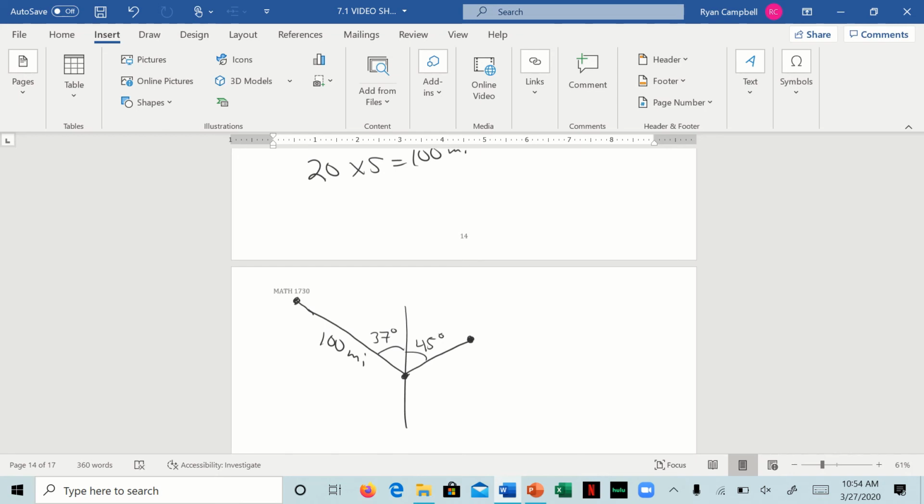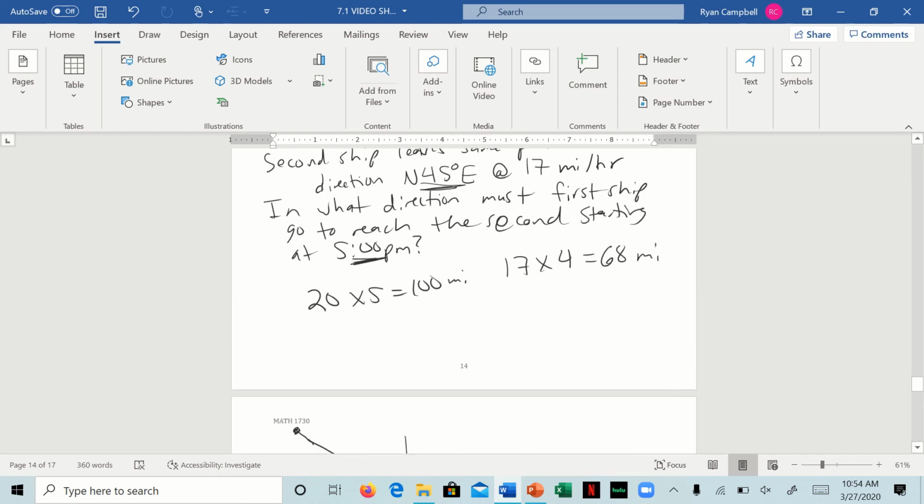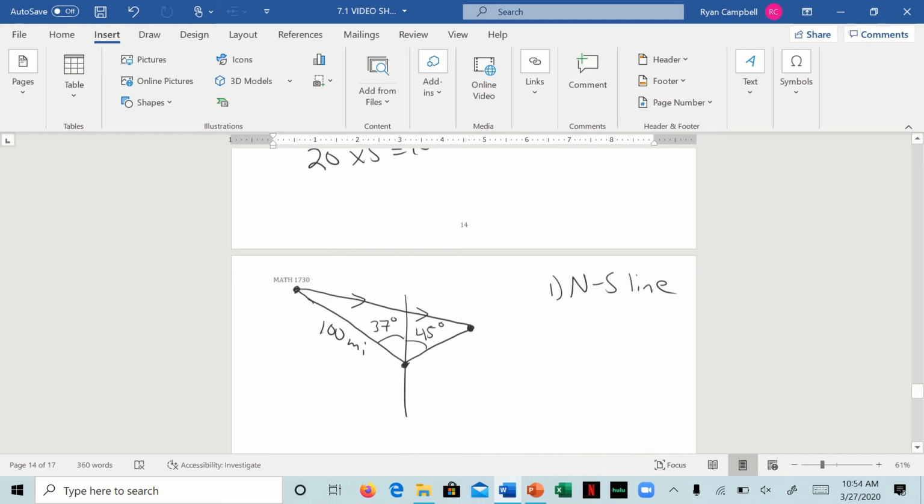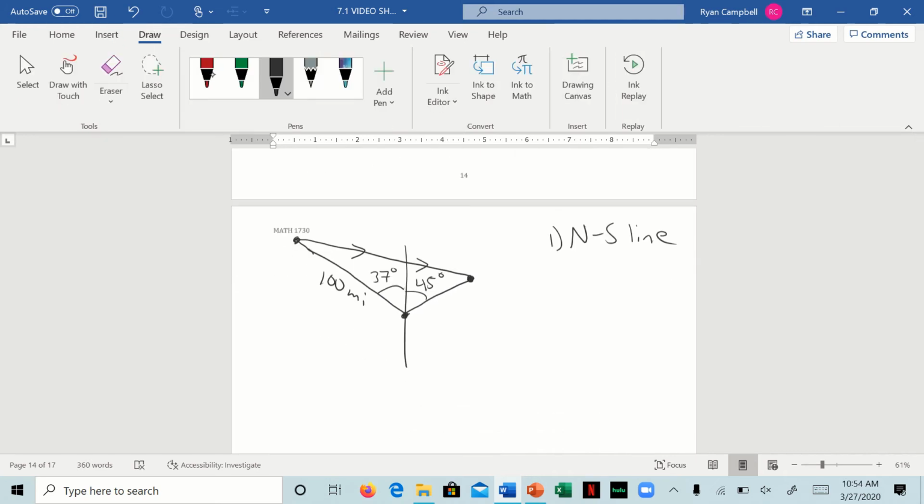So the question is, if the first ship tries to hit the second one, what direction do we need to go? So this is our direction. Here's our first ship. We're going in that direction. Maybe putting arrows might be helpful to remember what direction you're going. So remember, step 1, north-south line. From our new direction, we need to make our north-south line. So that's this one right here.